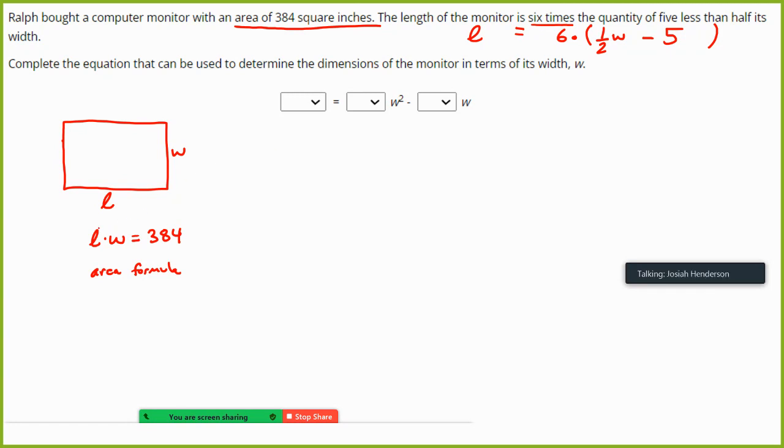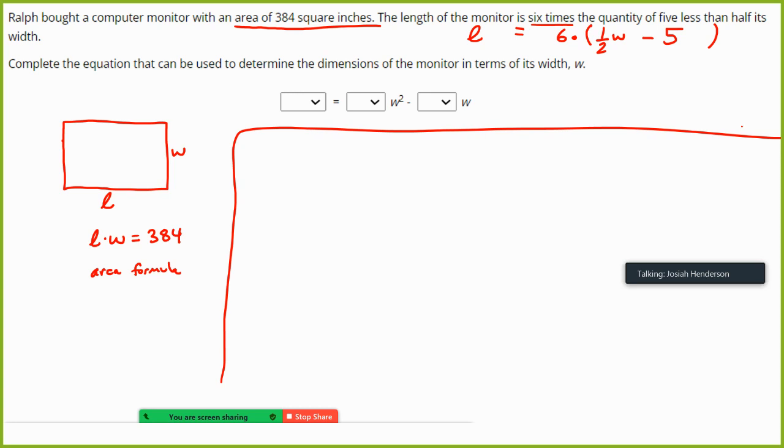There's no L squared or W squared here, right? How can we get to that point? I'm going to make a box for some new work. We're going to put both of our equations together. Since the second equation is L equals, length equals, I'm going to plug all of this right here into, or substitute this into, L in the other equation.